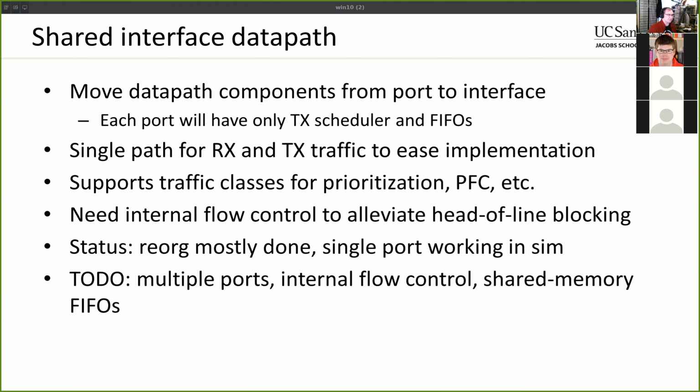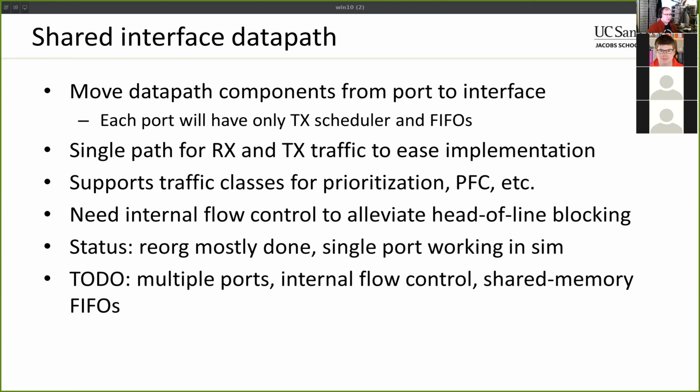It also means that the application just has a single AXI stream input and output connection for all of the transmit and receive data for all of the ports on each interface. So each interface will have its own set of these AXI stream ports, but you won't have to multiplex across all the ports if you want to do something at the interface level.